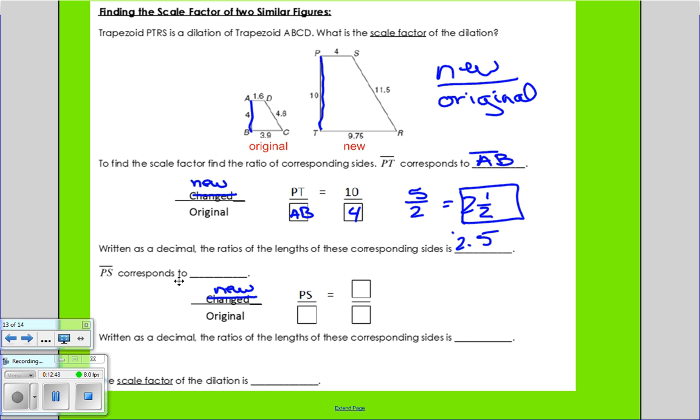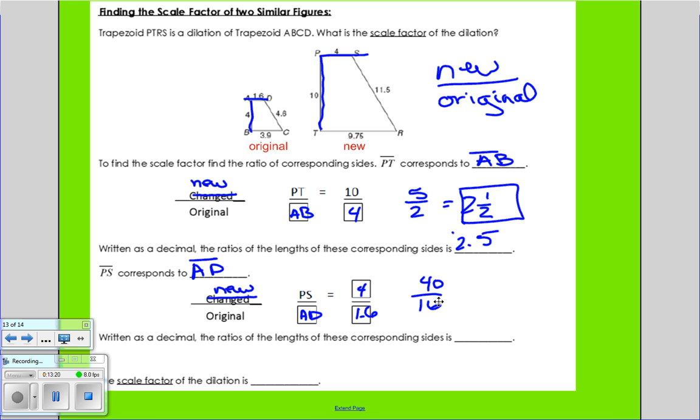Now down here, PS corresponds to AD. So PS is worth 4 and AD is worth 1.6. So when we reduce this, it'd be 4 divided by 1.6. Actually, I'm going to move it out to 40 over 16. I move my decimals one time to the right to get rid of that decimal.